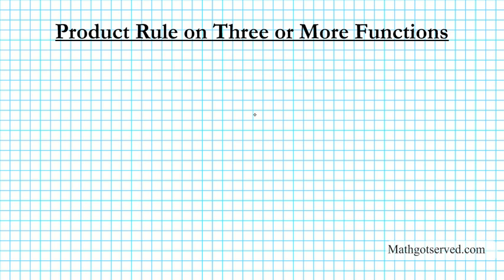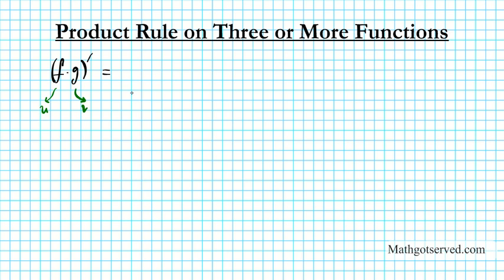or more functions, okay? So let's say we had two functions, f and g, f multiplied by g, and you wanted to take the derivative. You know what the product rule is, right? Let's say the first function is u, and this is v.